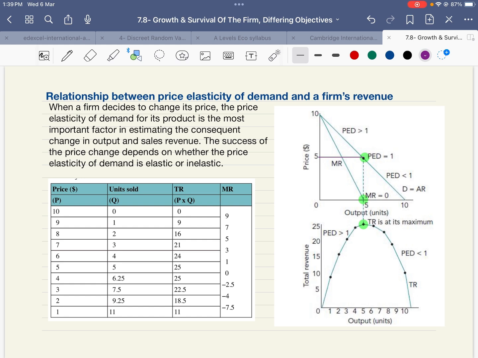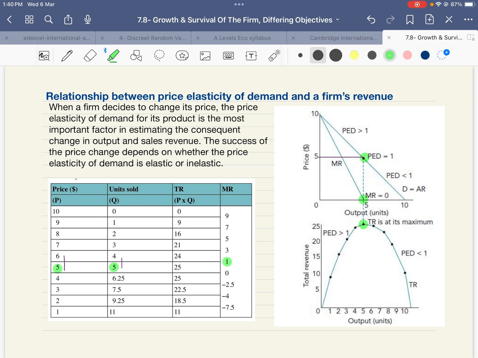Let's have a look at it in the table. When we have 5 units sold and price 5, the change in output is 1, which is equal to the change in price. So at this point, price elasticity of demand is 1.